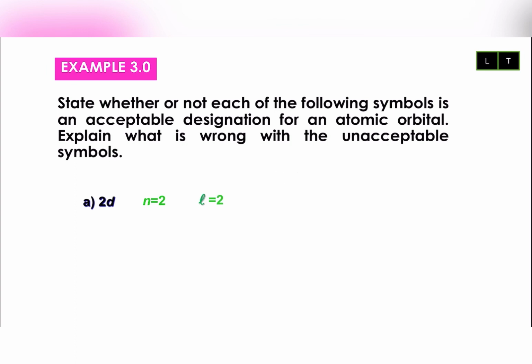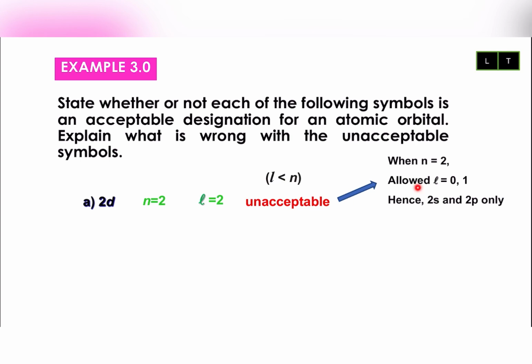When you want to determine whether this one is acceptable or not, you have to make sure l must be less than n. Here l is 2, but n is 2. So this is unacceptable. Why? Because when n equals 2, the allowed values for l should be 0 and 1 only.